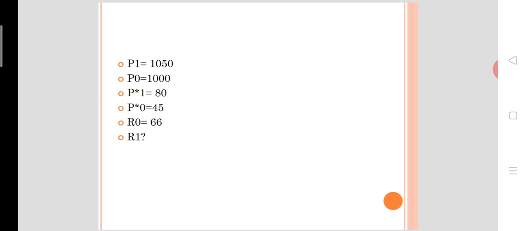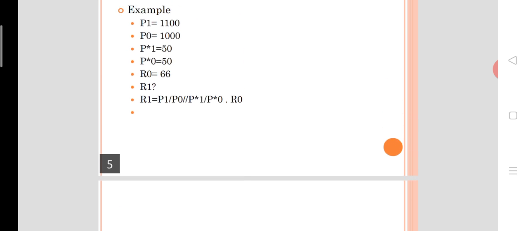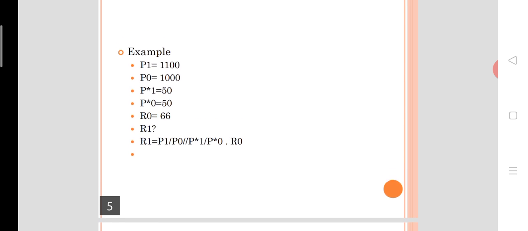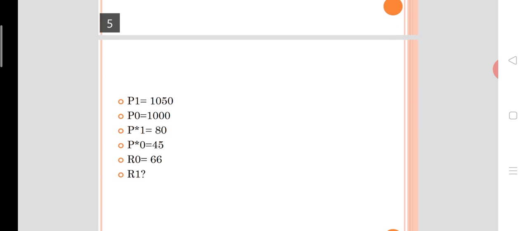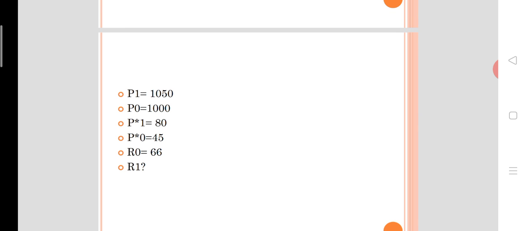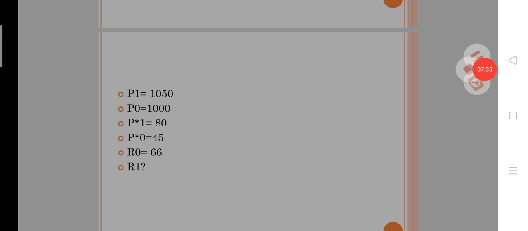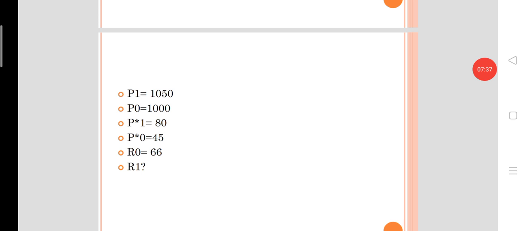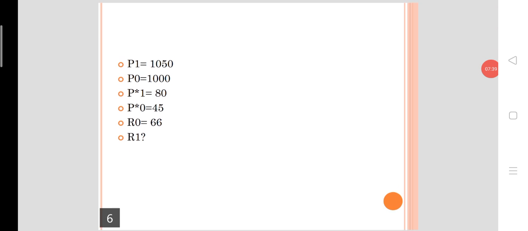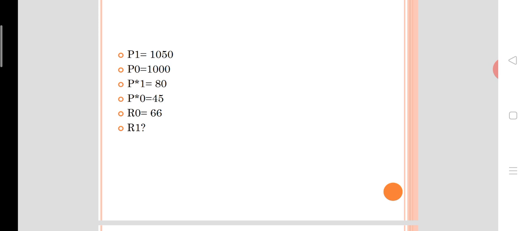So here, as per the equation, P1 by P0 is 1050 by 1000, which is equal to 1.05.